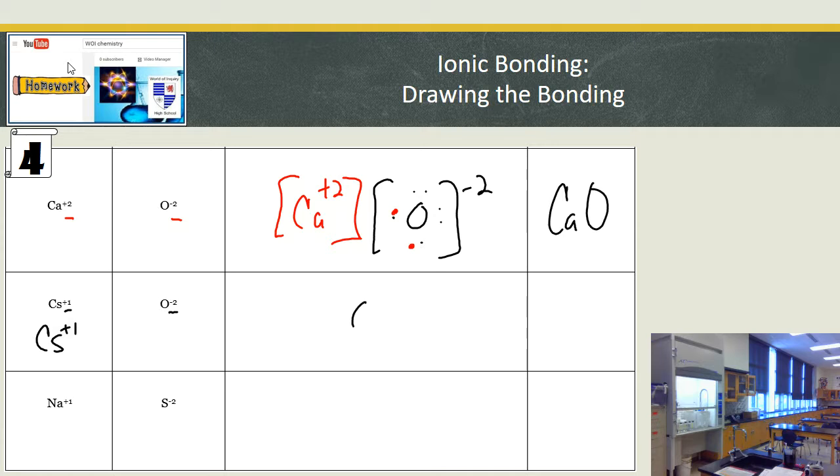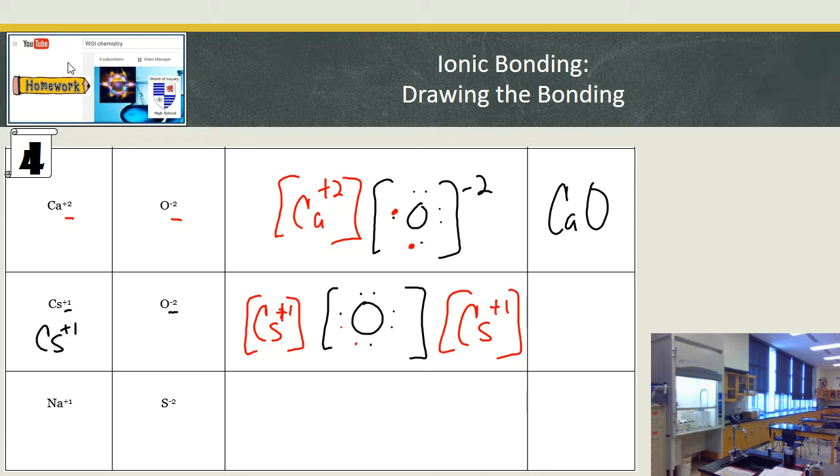So I'm going to have O in the middle. 1, 2, 3, 4, 5, 6 is how he comes. All by himself, he comes to the party like that. Cs comes in and loses his electron, forms a +1 ion, and that electron goes there. And then another Cs forms a +1 ion, loses his electron, that goes there, which makes him a -2. So this is Cs, 2 of them, with an oxygen.